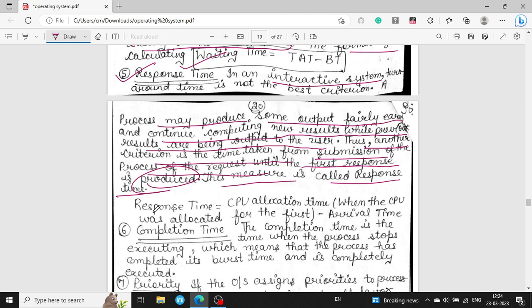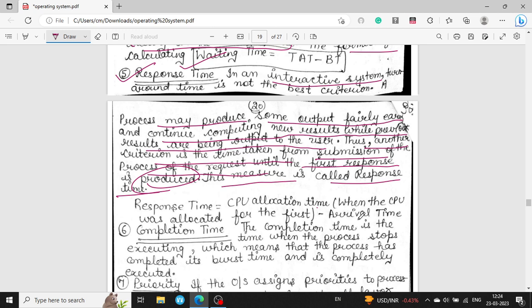Response time can be calculated as the time when the CPU was allocated for the first time minus the arrival time of a process. When we subtract the arrival time of a process from the CPU allocation time, the difference of both is known as response time.